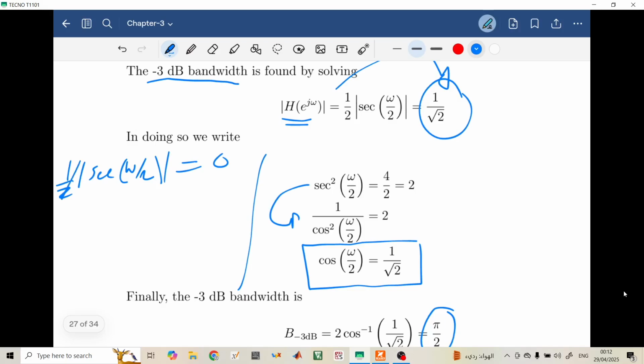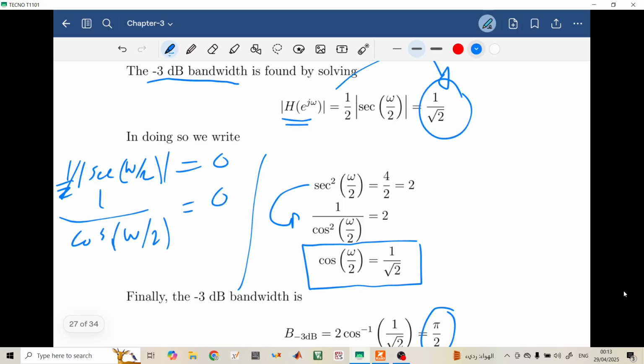So we take out the 1/2, and we say, okay, it's 1 over cosine omega by 2, equals 0.